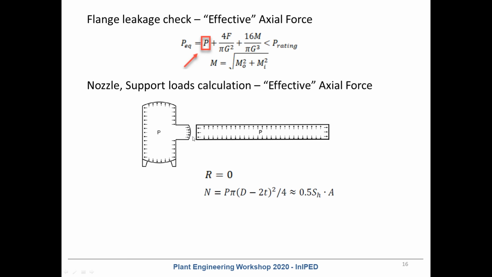So the allowable loads already contain the pressure effect, so you don't need to consider it a second time, and you should apply only the force that is caused by thermal expansion, not from pressure. So the use of true axial force is incorrect in this situation. We should use the effective axial force, the support load.